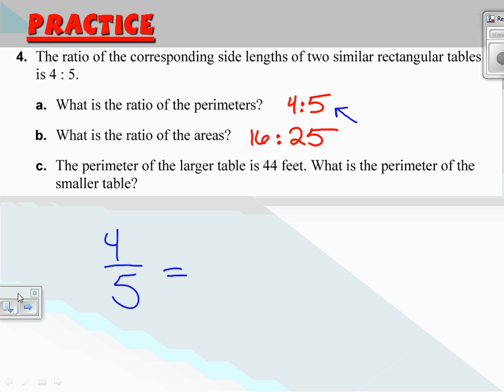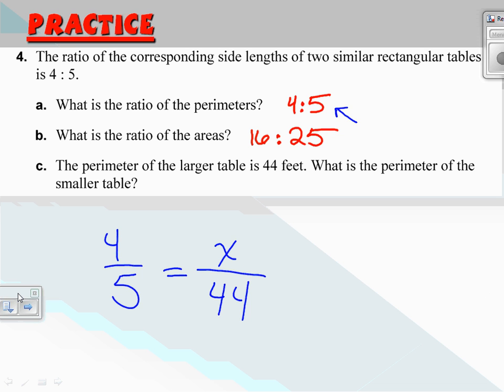Well, it should be the 5. So I'm going to write this. 44. 4 to 5 is the ratio of the perimeters. 44 is the larger one. And what I'm going to do is figure out what x is equal to.